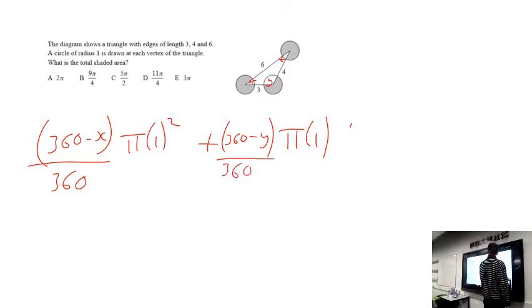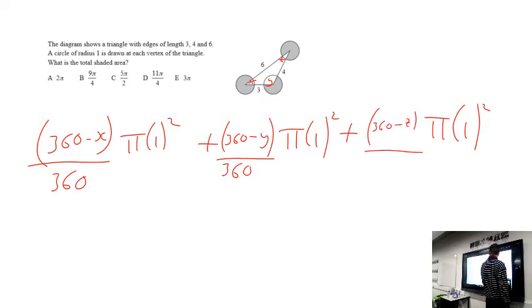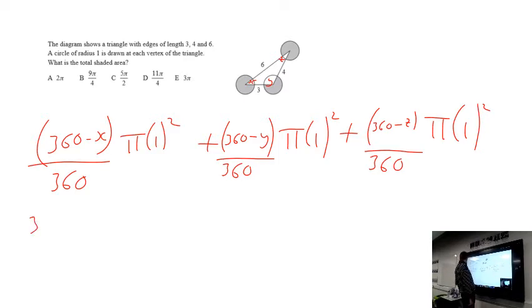And then we have the third sector, pi times 1 squared, and it will be 360 minus z over 360. Okay, so when we expand all this, we have 360 over 360.